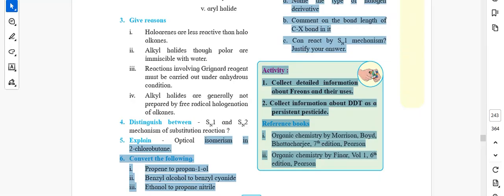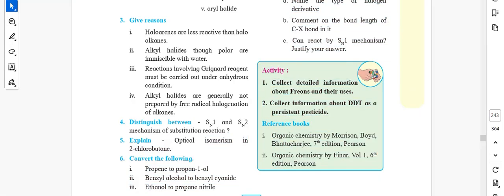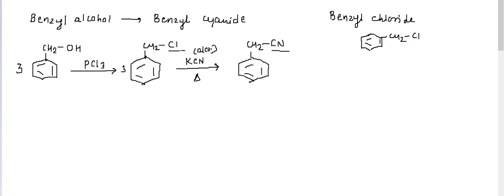Now let's see the third problem. The third is ethanol to propane nitrile. Again, let's write it down first in words. Ethanol to propane nitrile, right?